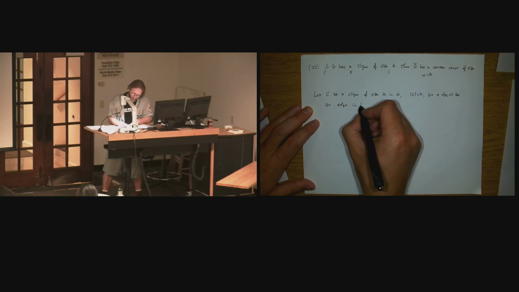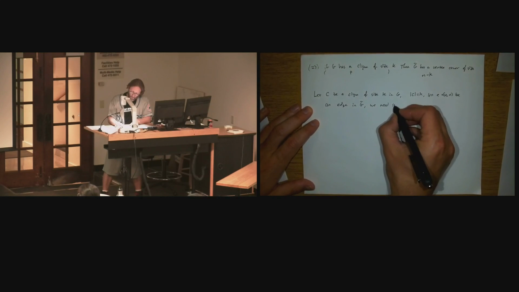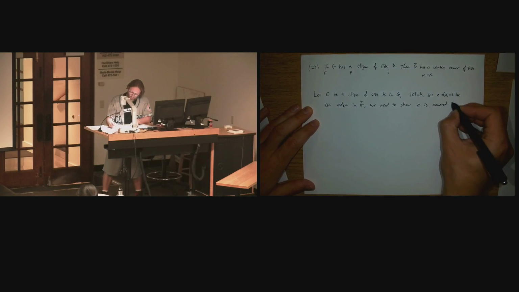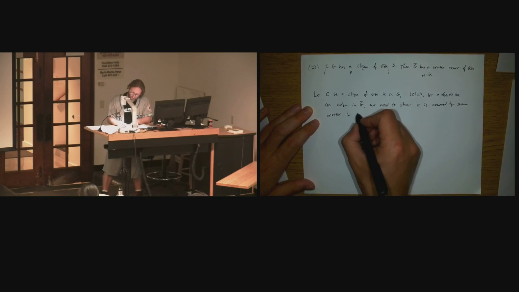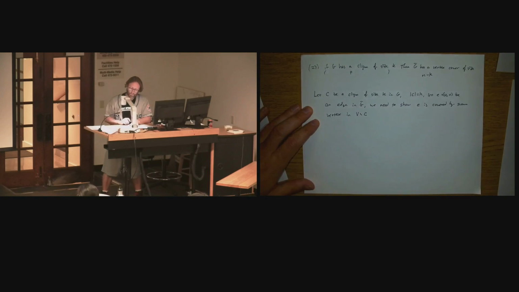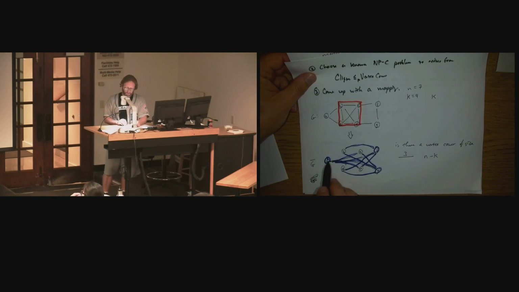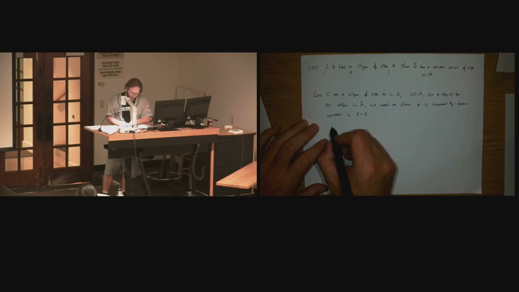Furthermore, let, of course, C be of size k, and so let E, U comma V, be an edge in G complement. We need to show that E is covered by some vertex in the vertex set V minus C. Remember, we're looking at the other, right? So if this is C, then V minus C gives me the other vertices in this graph here, okay? So all I'm going to do is follow the definitions.